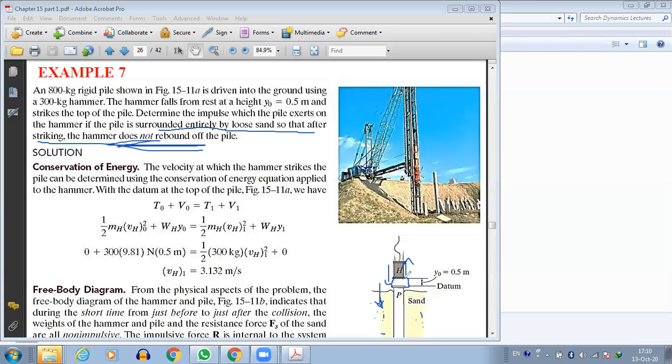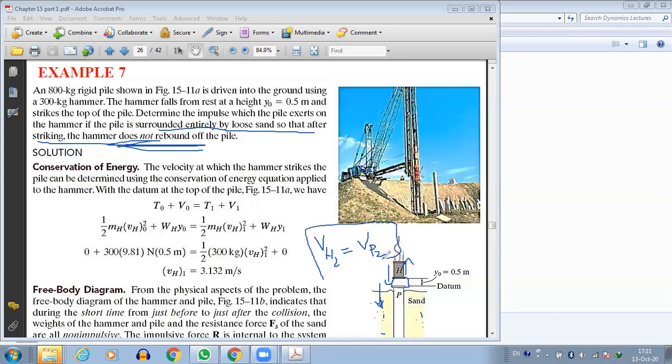But after collision, the hammer does not get separated; it moves with the pile with the same speed as the pile. So the velocity of the hammer after collision is the same as the velocity of the pile. Let's call it VH2, equals V pile 2.